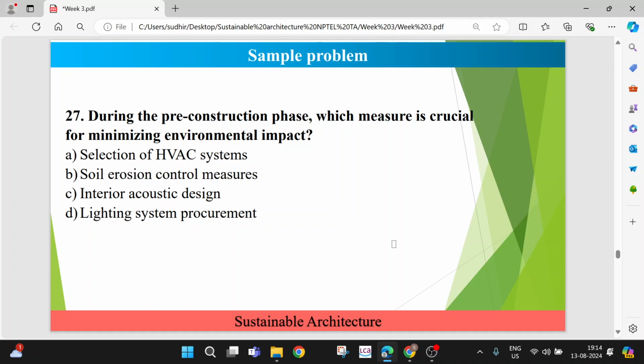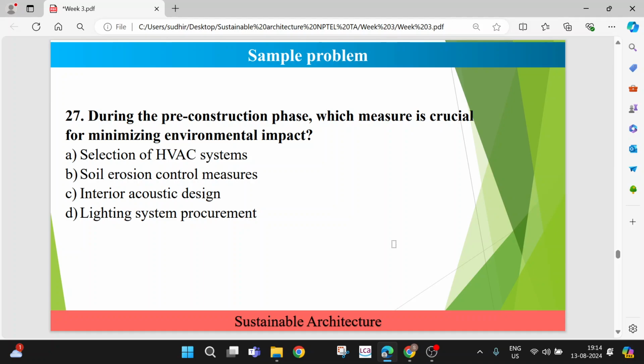B is the right answer for this question. That is soil erosion and control measures. They are essential during the pre-construction phase to prevent environmental damage and ensure site stability. So it is fine with your question number 27.